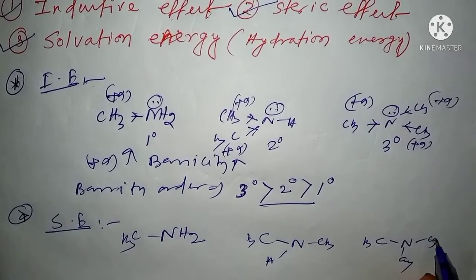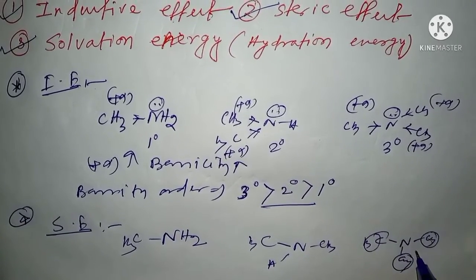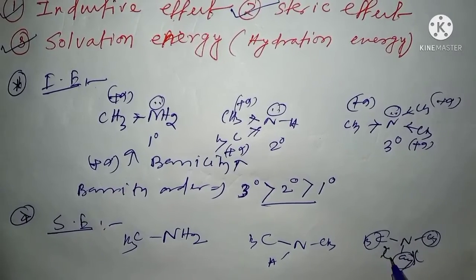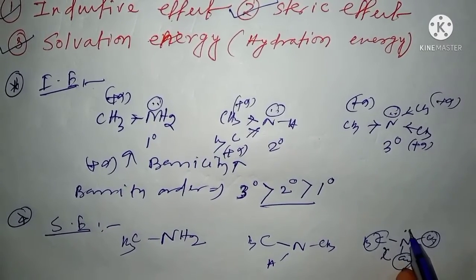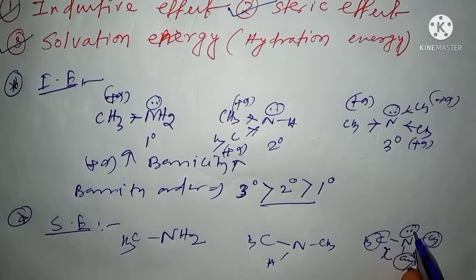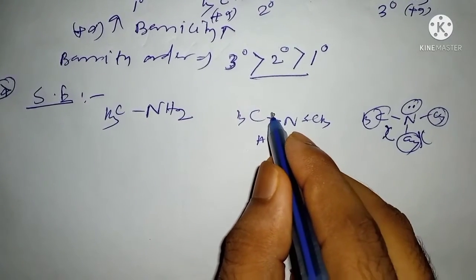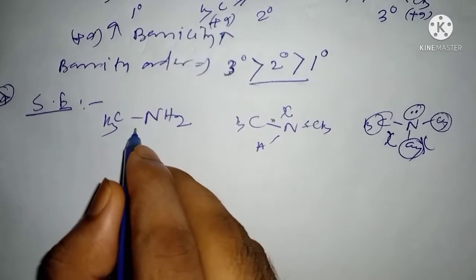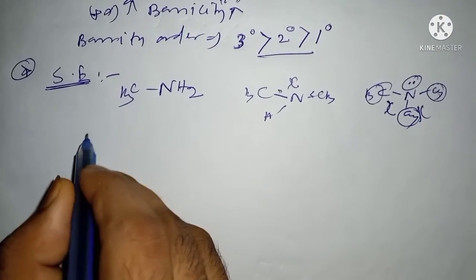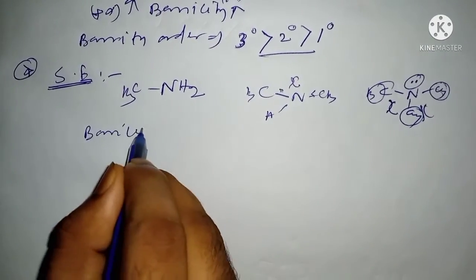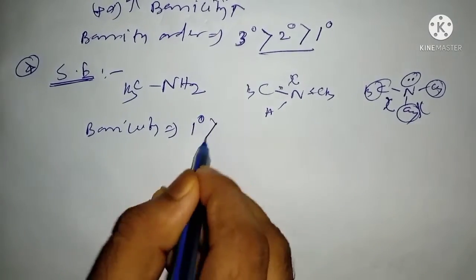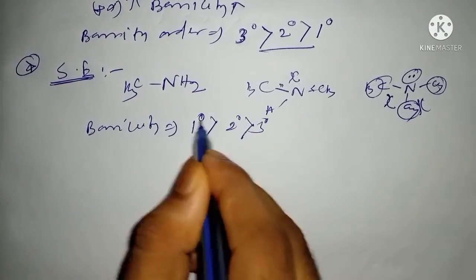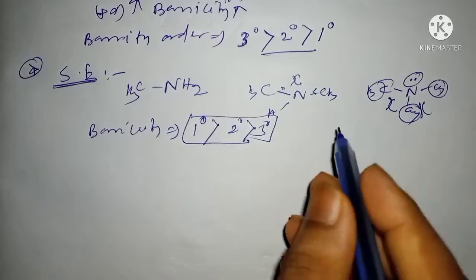Now there are 3 CH3 groups, so there is CH3 repulsion, so the lone pair donation ability is decreased. With 2 CH3 groups there is 1 repulsion, with 2 repulsions in the other, and with none there is no repulsion. Now in steric effect, the basicity order is 1 degree greater than 2 degree greater than 3 degree, because of lone pair availability for donation.